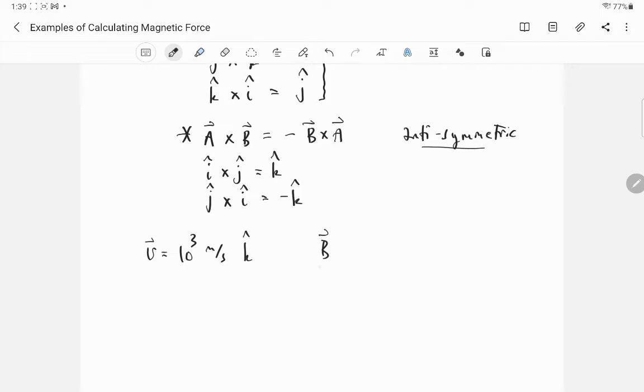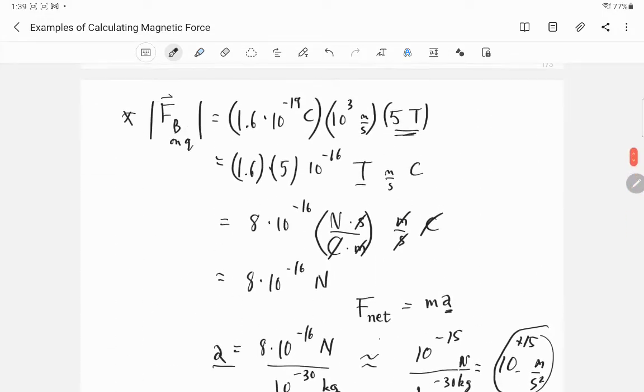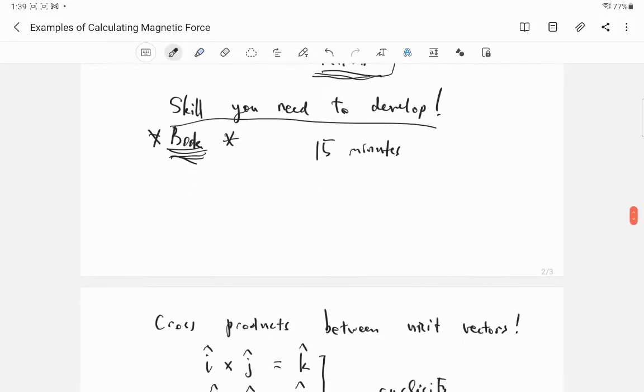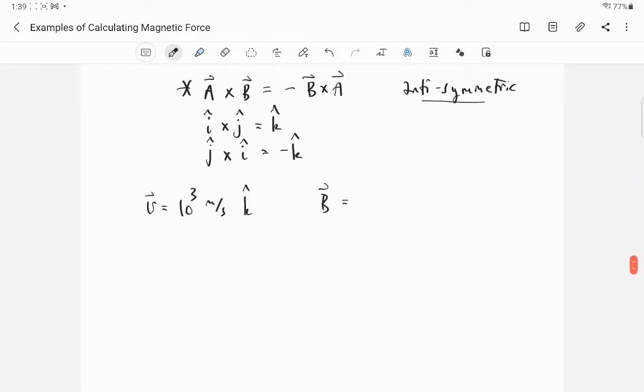And the magnetic field was 5 Tesla in the negative i hat, or negative 5 Tesla i hat, right? So these were my two pieces of information, and then the charge was an electron, so negative e, or negative 1.6 times 10 to the minus 19 coulombs.